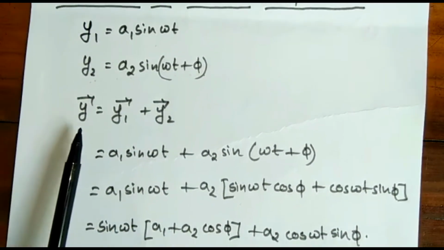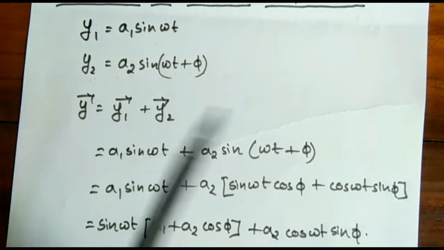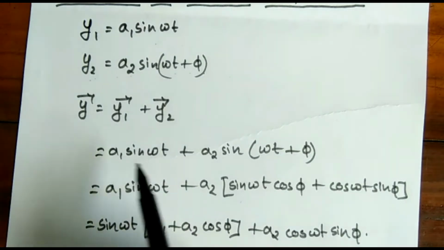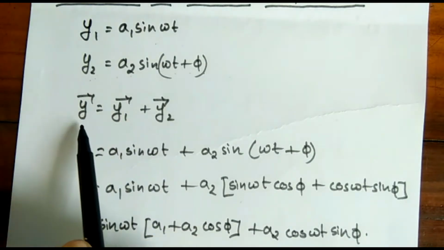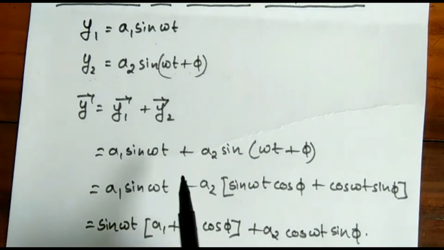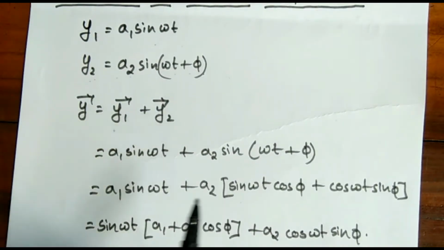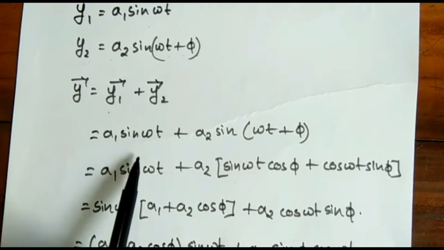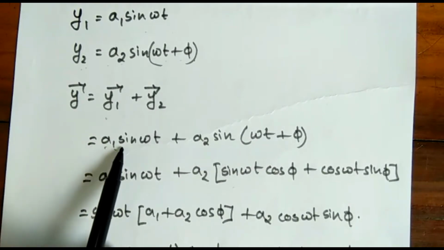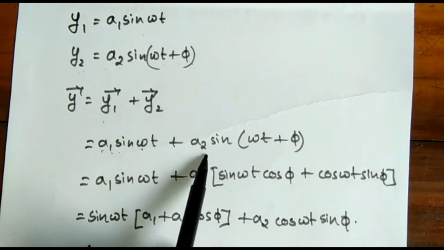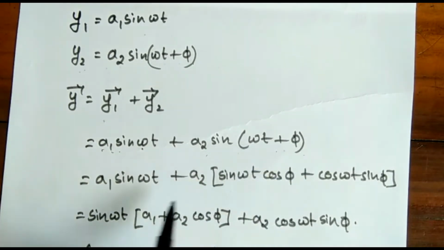and so taking addition of the two waves we get the resultant wave. So we are adding y1 plus y2, then value of y1 we put a1 sine omega t and y2 a2 sine (omega t plus phi).